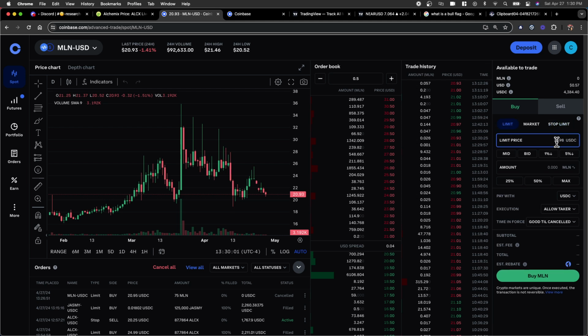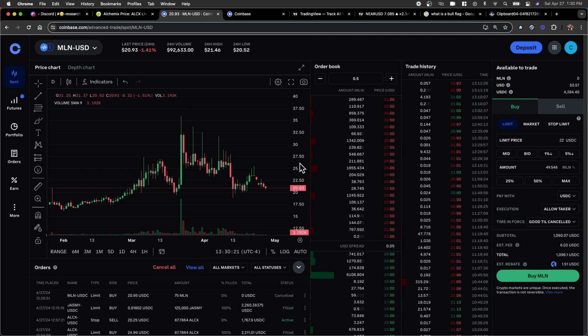I've never done this before. It might fill here automatically, but I'm not sure. So if I do 25% of my cash position, that's about $1,000. Very, very light trade here.